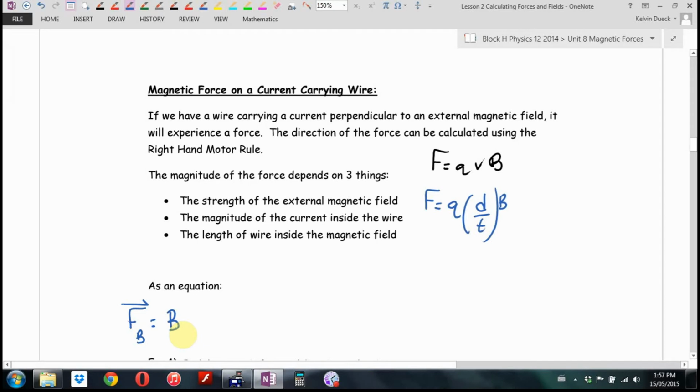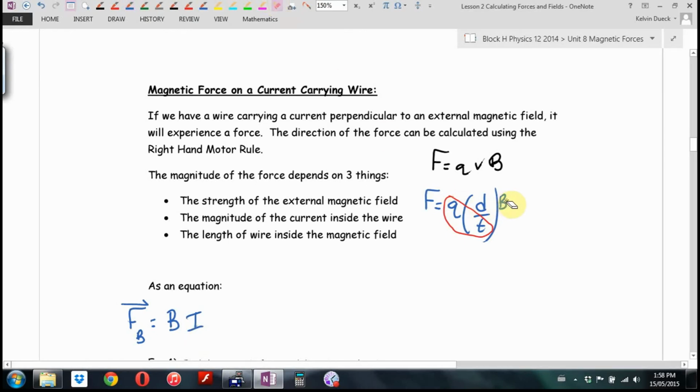There was definitely a force on that wire. It was enough to make it jump, or when they flip the current, collapse the entire apparatus. So it's a pretty big force. What else does it depend on? Circle this. What's Q over T? We just did it in this previous unit. I heard it. Also depends on how much current you send through the wire.